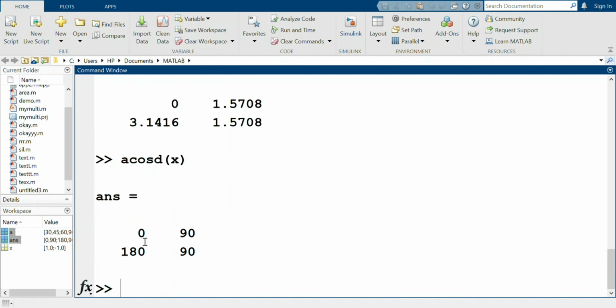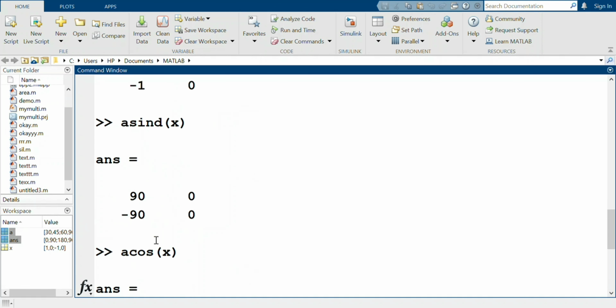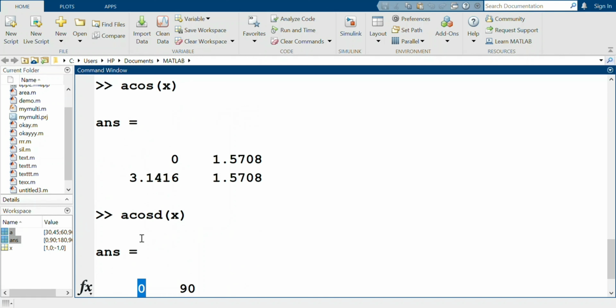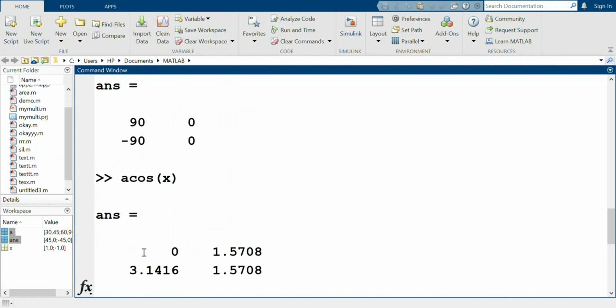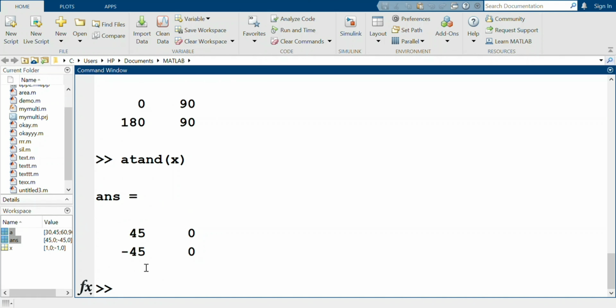So arccosine of 1 is 0, arccosine of minus 1 is 180, which is pi, and arccosine of 0 is 90. So arctangent d of x will give me this. Arctangent of 1 is 45, arctangent of minus 1 is minus 45, arctangent of 0 is 0.